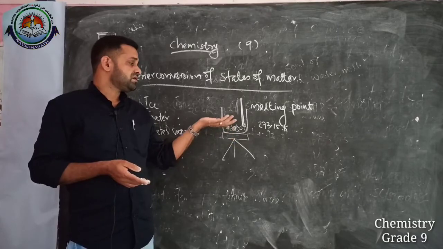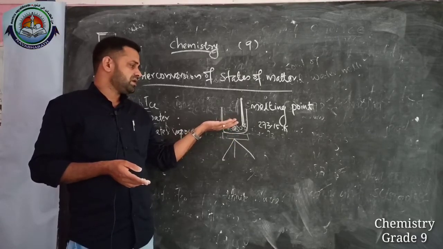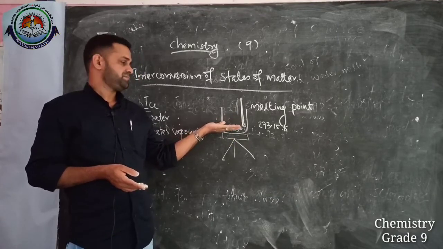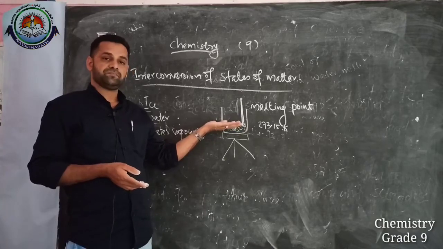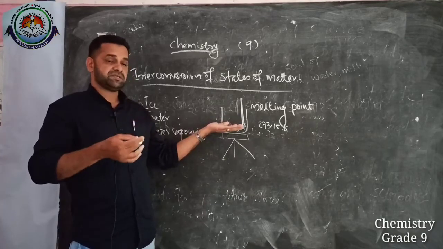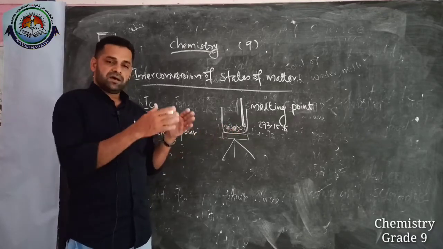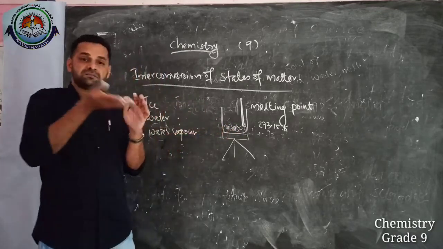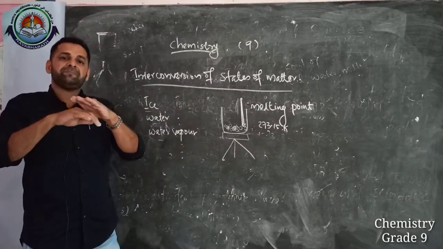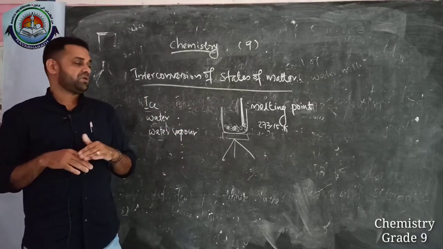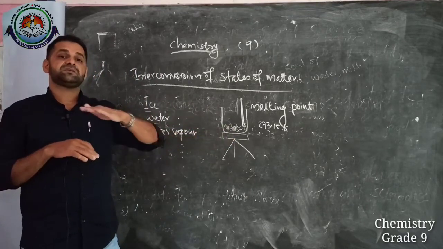So where does this temperature go? Where did this extra temperature go? Because here the ice cubes start melting, at that time the temperature remains the same. Even though you are heating, the temperature remains the same.